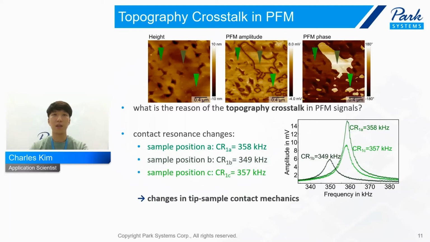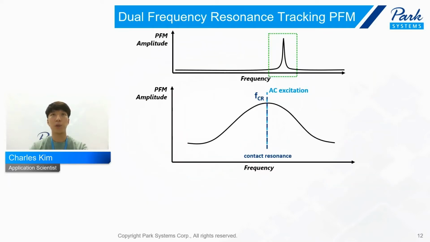That kind of change has a very big dependency on the roughness or the mechanical property. So to solve this kind of problem, we made dual frequency resonance tracking PFM.